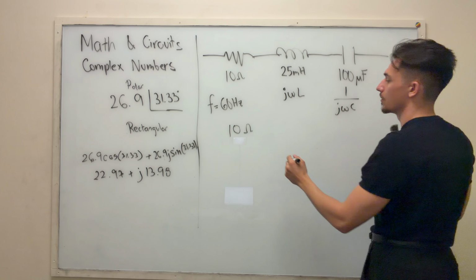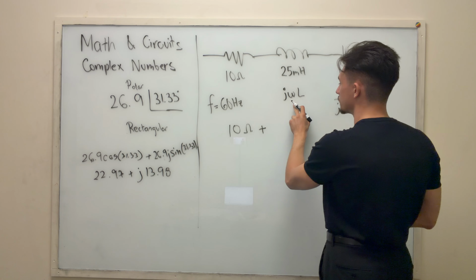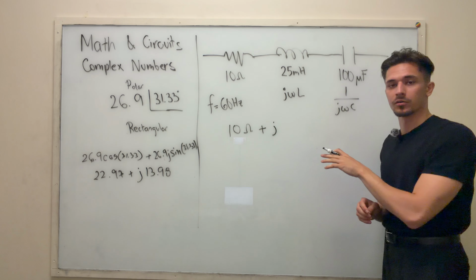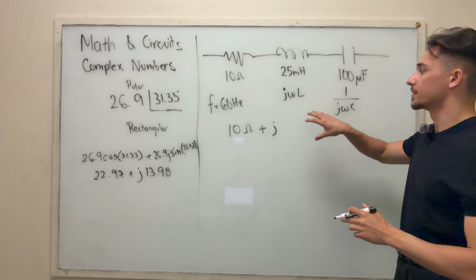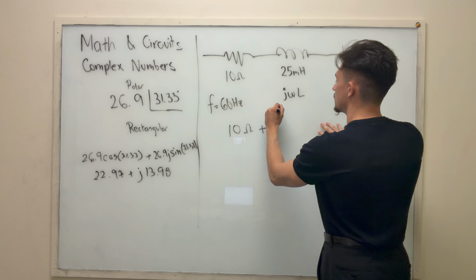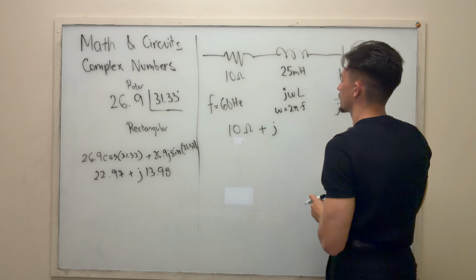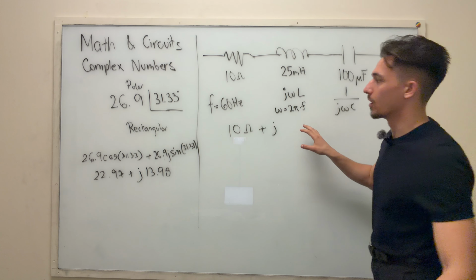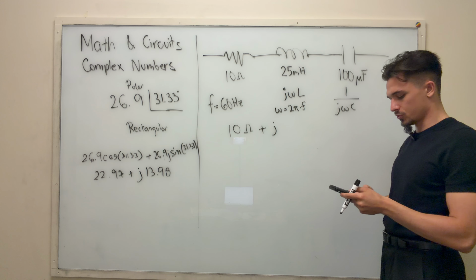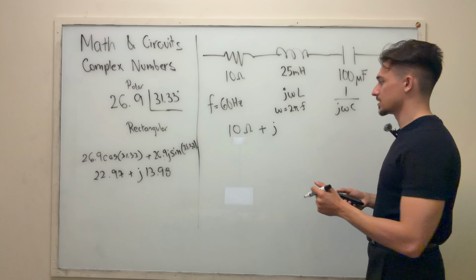And so what we would do is we have 10 ohms. We add it to our inductor value, which is J times omega. How we would get omega is that omega is equal to 2 pi times the frequency. So if our frequency is 60 hertz, all we have to do is multiply 2 times pi times 60, and that gives us 377.